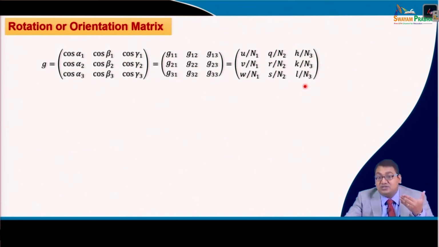So, this is the relationship between the Miller indices and the orientation matrix, which we clearly understand. On the other hand, if we take the middle column, that is G12, G22 and G32, this is the transverse direction TD and could be given by QRS divided by N2, where N2 is equal to root over Q square plus R square plus S square, right.